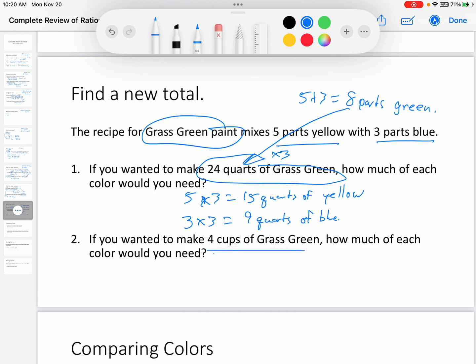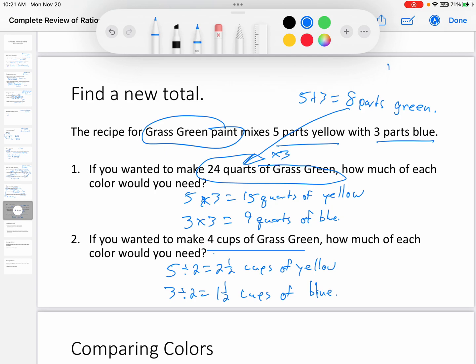4 cups of green, well, we went from 8 to 4, which is dividing by 2. So we will do 5 divided by 2 is 2.5 cups of yellow. And we will do 3 divided by 2 is 1.5 cups of blue. Easy enough.